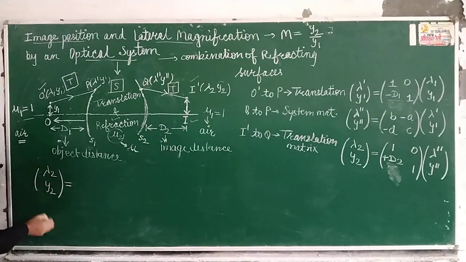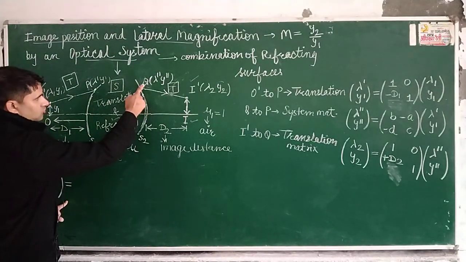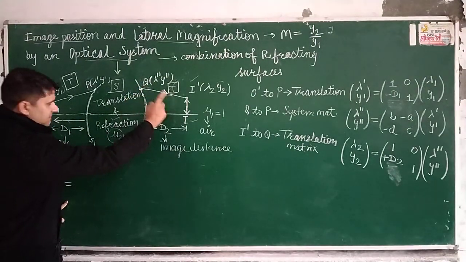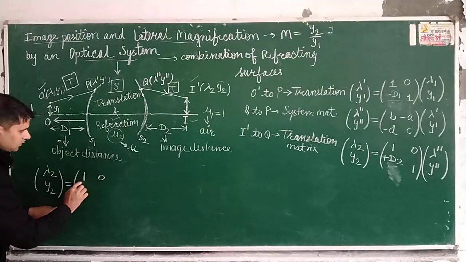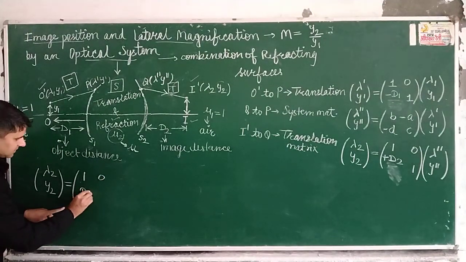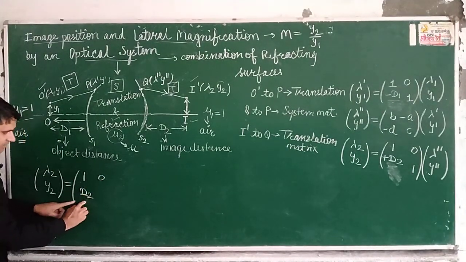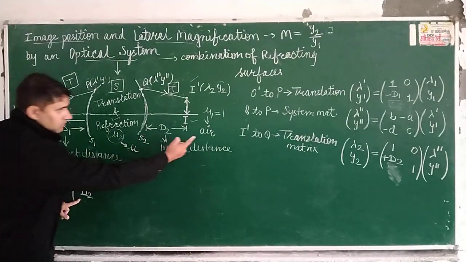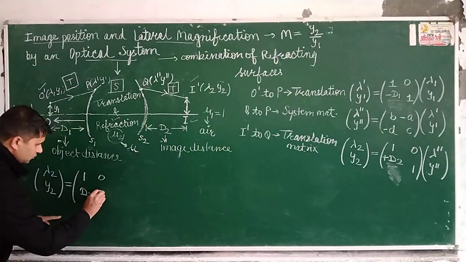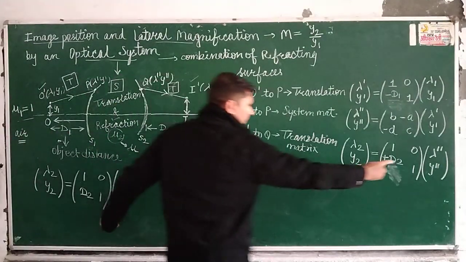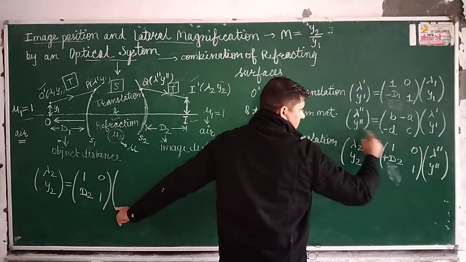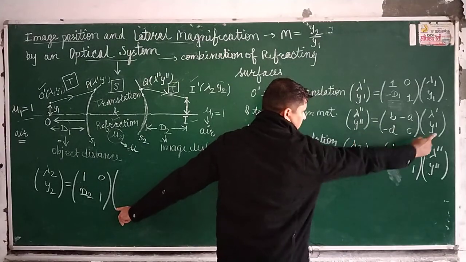This is connected to the coordinates of Q via a translation matrix, and right here the matrix for translation is 1 0, and then the translation is d2, and the refractive index of air medium, which is 1. So here you will write 1, and then you have coordinates lambda double dash, y double dash, and for this matrix you can write this one.